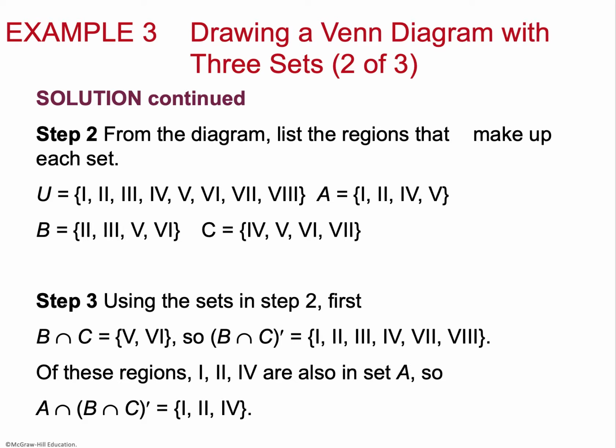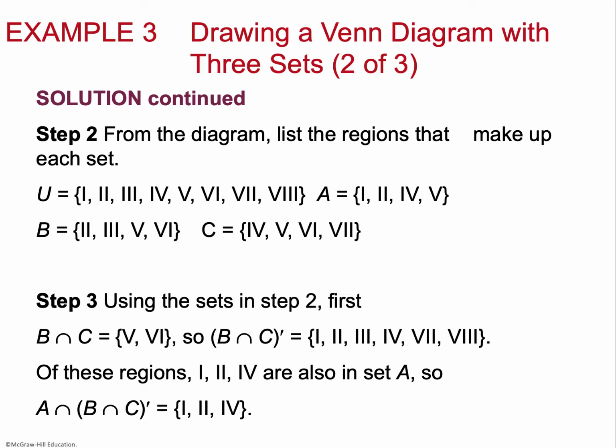Then to find B and C, what are the things that B and C have in common? That's going to be 5 and 6. So if I wanted to find the complement of that, I would take 5 and 6 and remove it, and I would list all the other items in the universal set.